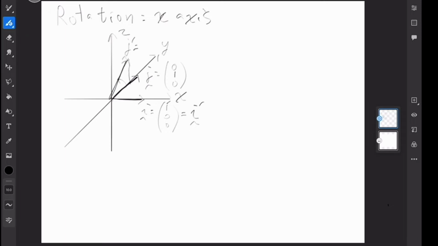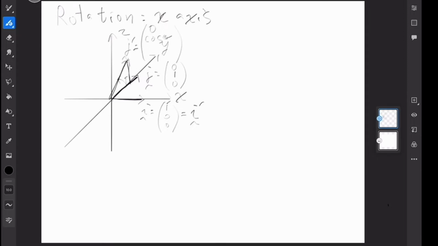Now if we look here, we can see in the x-axis there's nothing there. In the y-axis, it's the adjacent side of this right angle triangle we've got here, so that's cos theta.